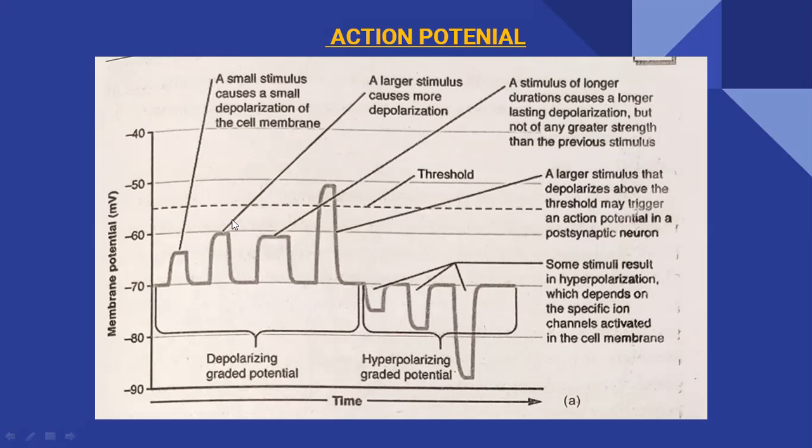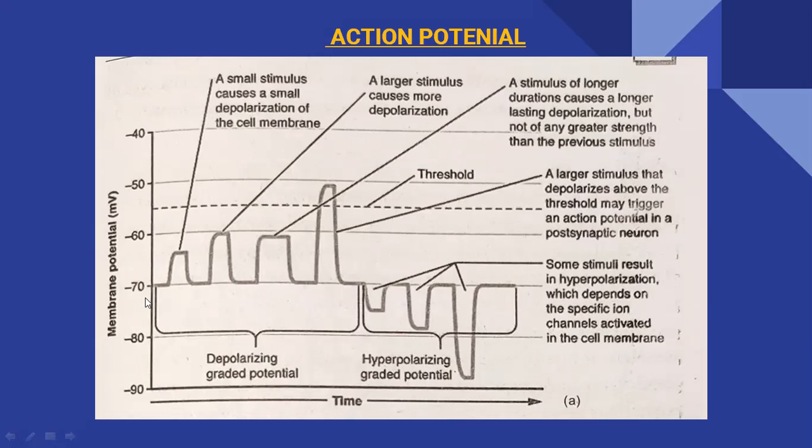a 15 millivolt difference. When the resting condition of minus 70 millivolts is there, minus 72 plus 15 gives minus 55. Sorry, minus 55.